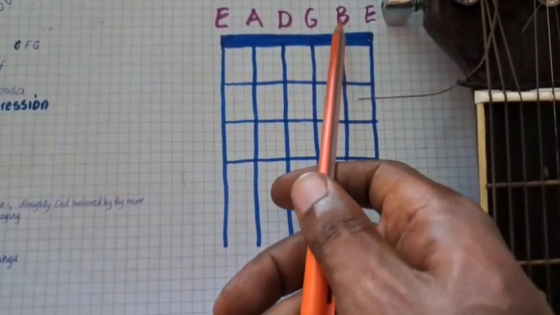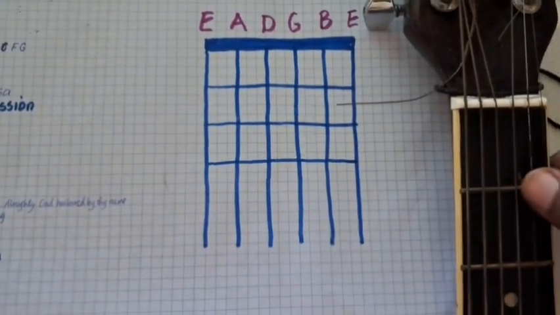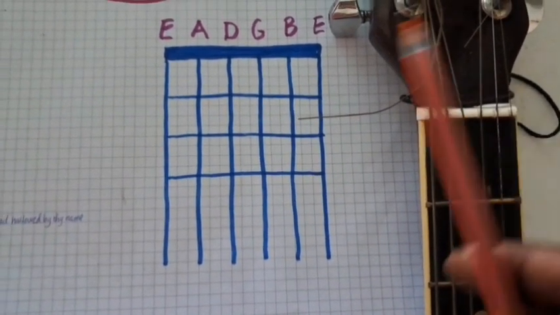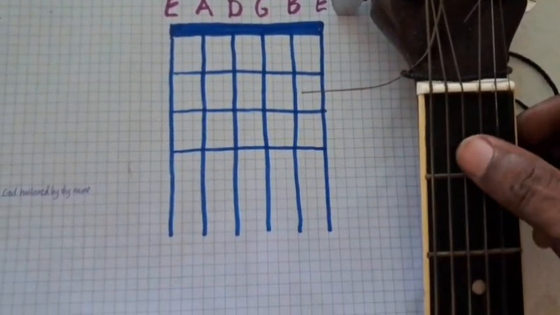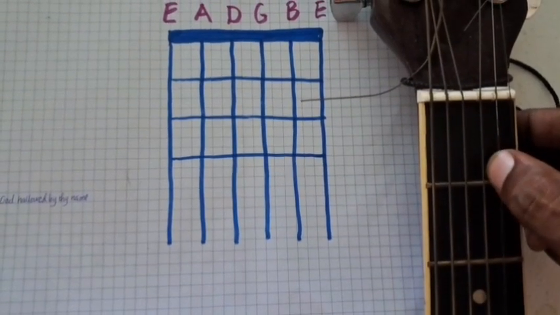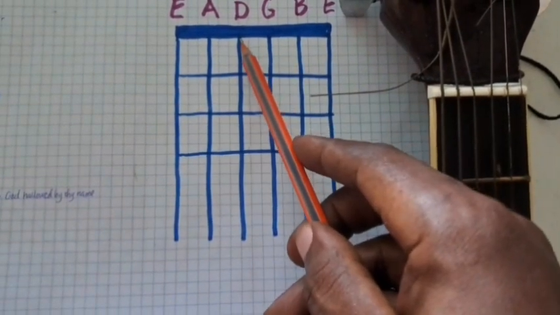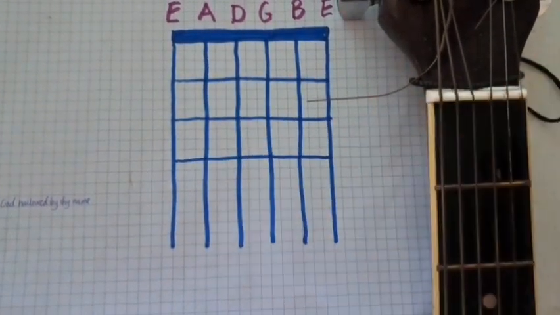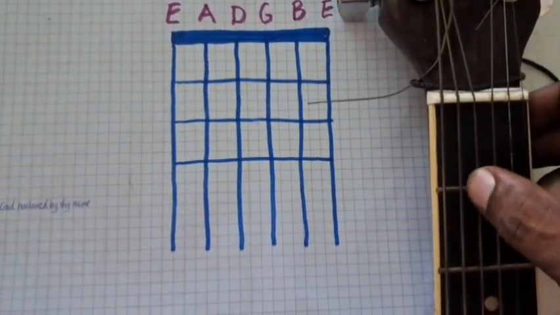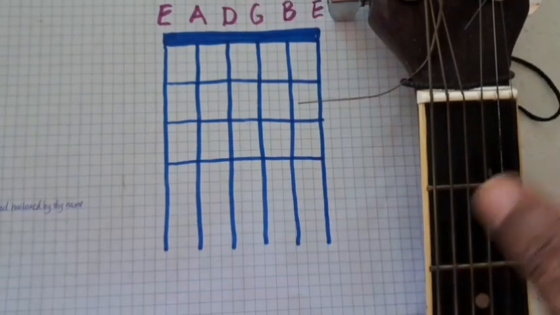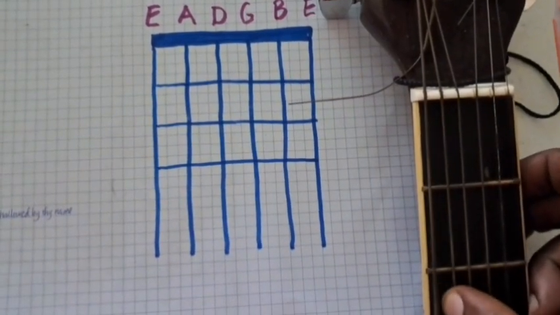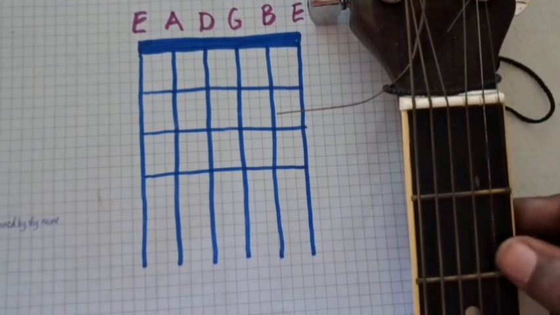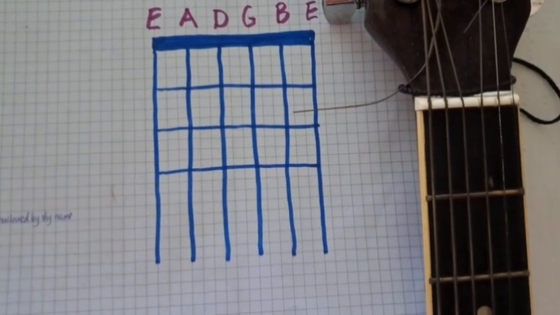Without touching, string 2, this is B. Without touching, this is G. Without touching, this is D. Without touching, this is the sound of A. And without touching, this is the sound of E. You see, this is the E upper and this is the E lower.